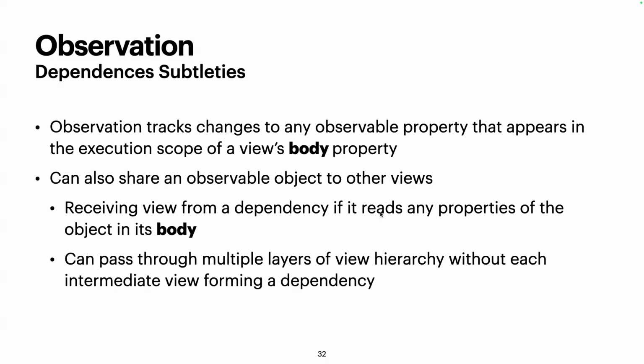So you could pass it through a subview and its subview without each intermediate view forming a dependency. Only if you're reading or mutating a property of that observable object do you form a dependency. But if you're just passing that object itself through a view or subview, then you're not forming a dependency. Only if you're reading properties.